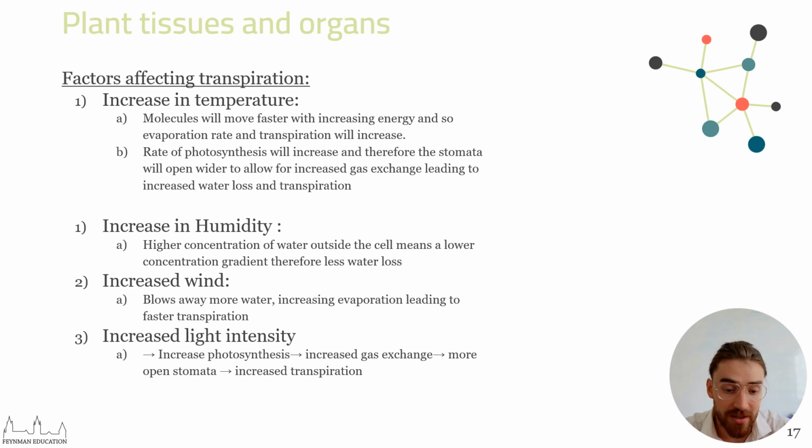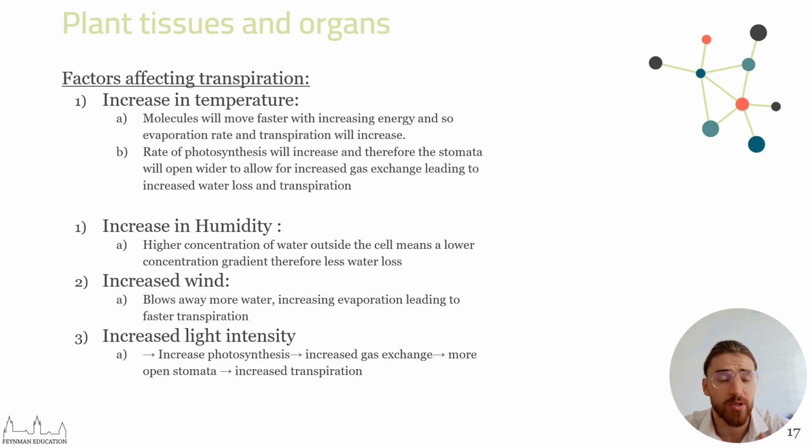An increase in humidity, so a higher concentration of water outside of the cell, means that there's not going to be as much transpiration, as there won't be as much evaporation, as that concentration gradient is not going to be as high. So a higher humidity leads to less transpiration.